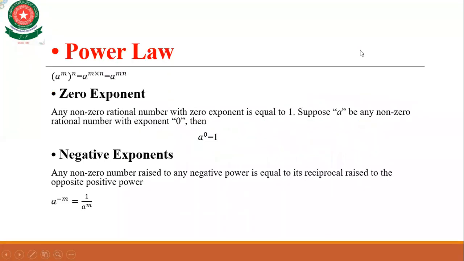First of all, the first law is the power law, which is (a^m)^n. It is equal to a^(m multiplied by n), which is equal to a^(mn). So this is the power law.